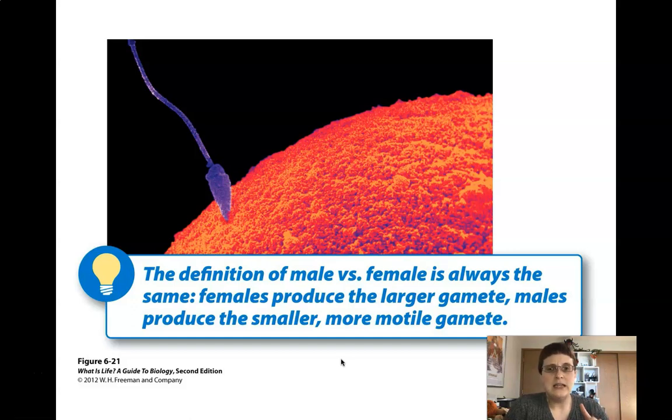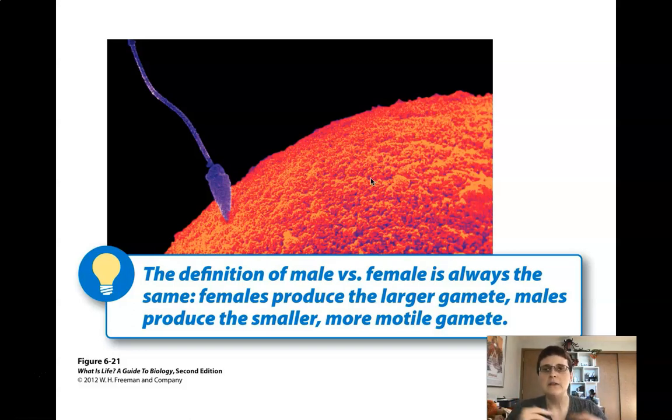However, we define male and female as far as biological sex with what gametes are being produced. And so the large gamete, the egg, is female, and the sperm, the one that can move, is the male.